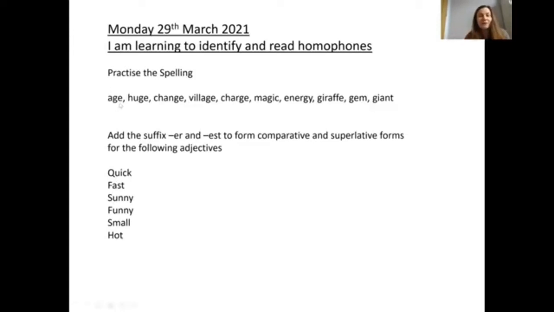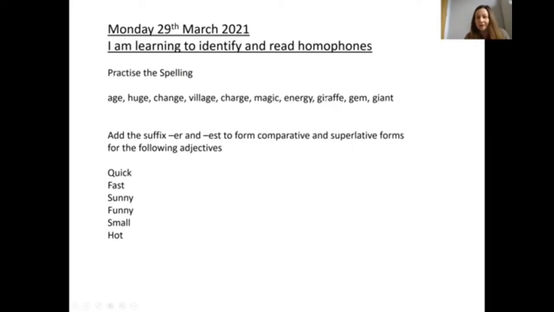When you have after this letter G, the letter E, if you look here, all of these have after G, E, or have I, like in the word magic, or have Y, like in the word energy, or giraffe.